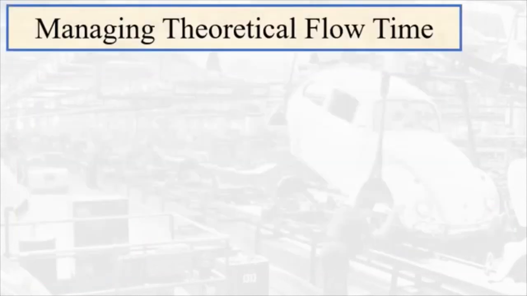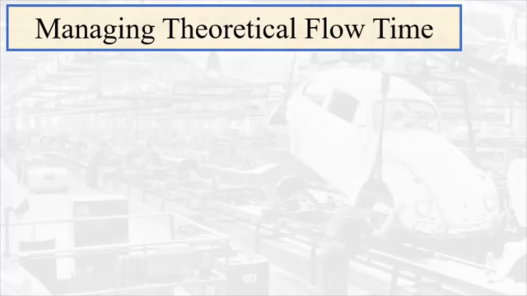Before we go on to talk about the management tools for theoretical flow time, let's elaborate a little more on the difference between value-added activities from the customer perspective and the producer perspective. For example, let's look at inspection.